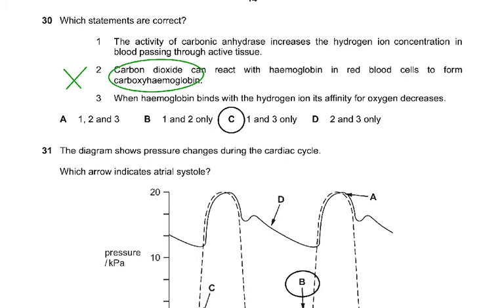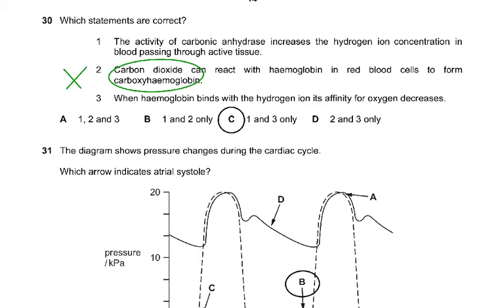Remember, carbon dioxide doesn't form that, it forms carbaminohemoglobin. Carboxy is carbon monoxide, as in people who smoke, carboxyhemoglobin. So this was actually checking your vocabulary. When hemoglobin binds with the hydrogen ion, its affinity for oxygen decreases.